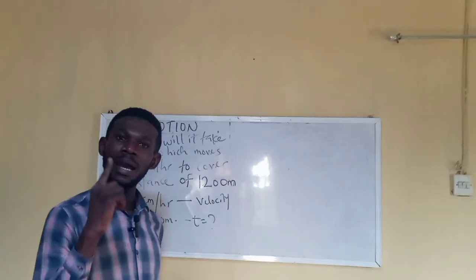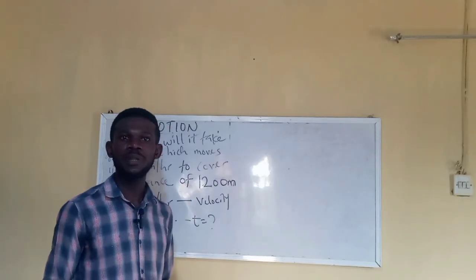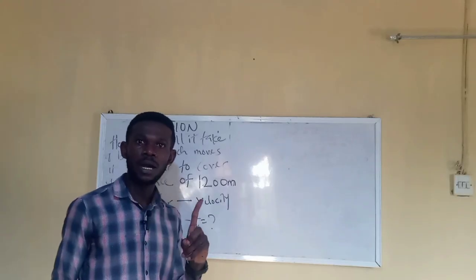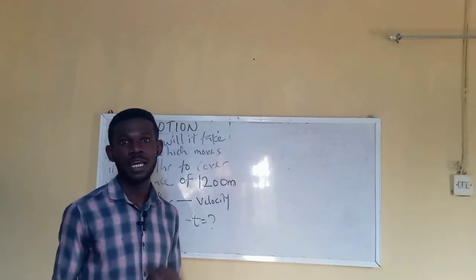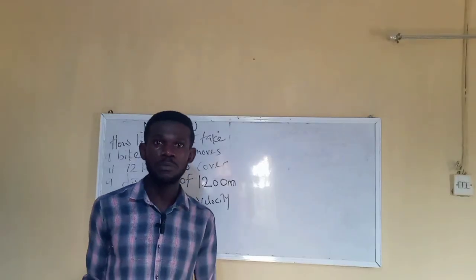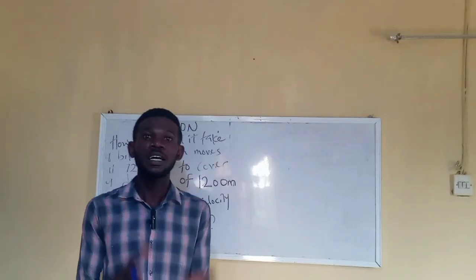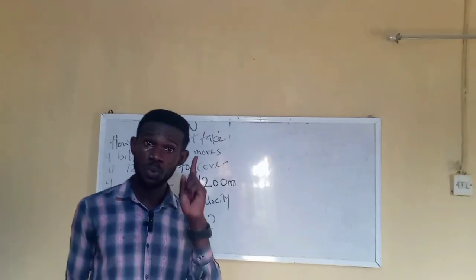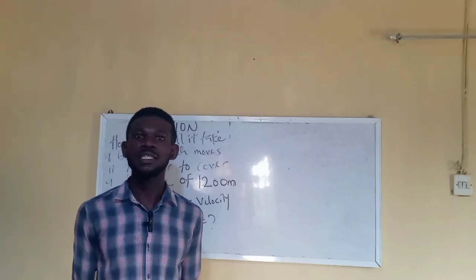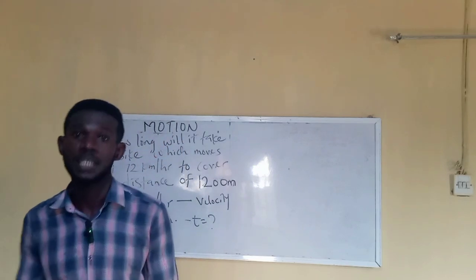My kilometer has to be multiplied by 1,000 to convert it to meter, and my 1 hour has to be converted to seconds. How do I convert my hour to seconds? In 1 hour we have 60 minutes, and in 60 minutes we have 60 seconds. So in 1 hour I would have 60 minutes times 60 seconds, which is 3,600 seconds.